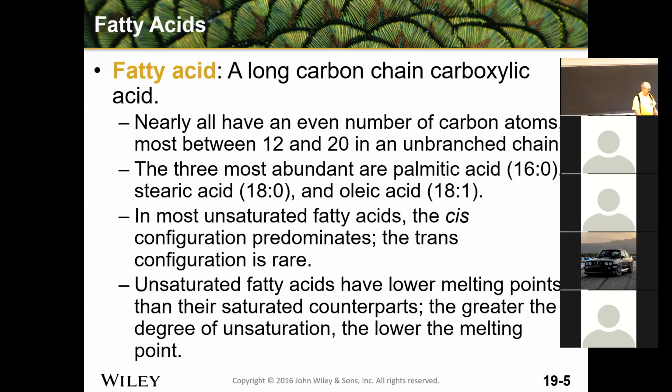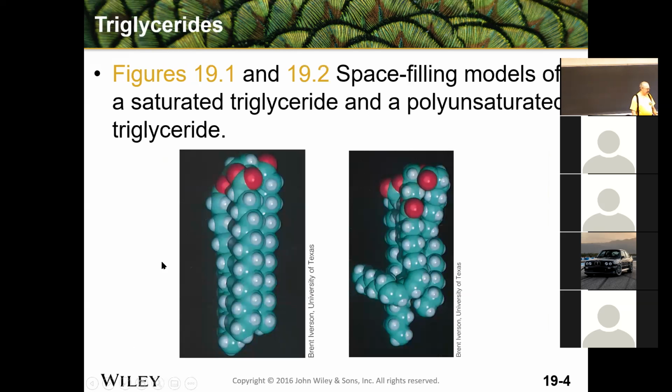So let's go back a few slides here. Here's a saturated fat. The chains are relatively straight, and so several of these molecules can pack together side by side, and you have a lot of London dispersion interactions. Because of the cis double bonds in the unsaturated fats, we'll have side chains that stick out sharply to the side.